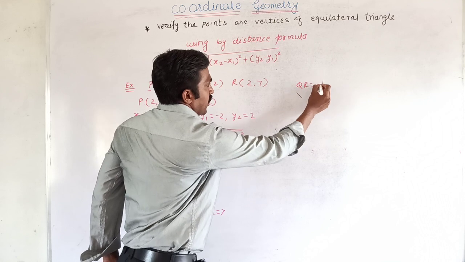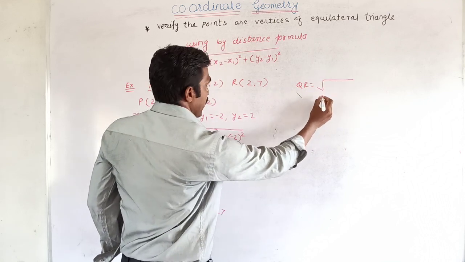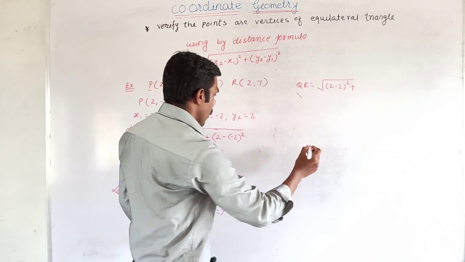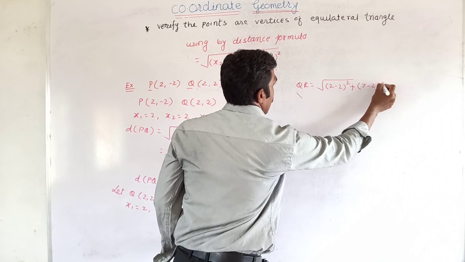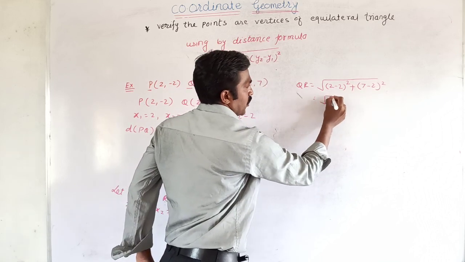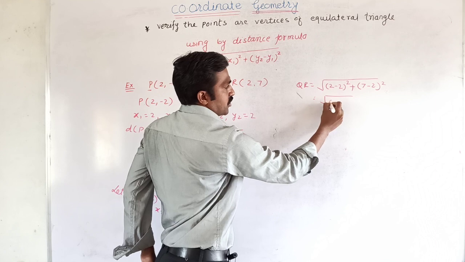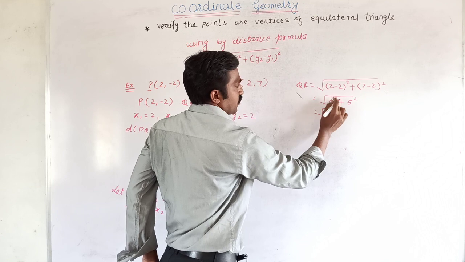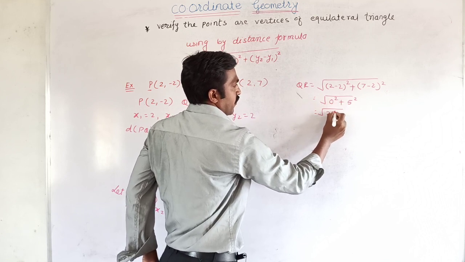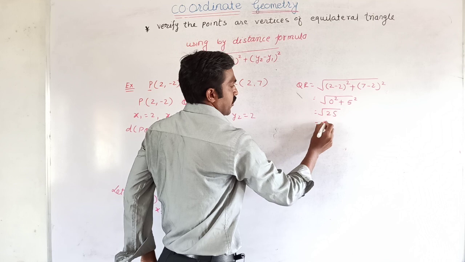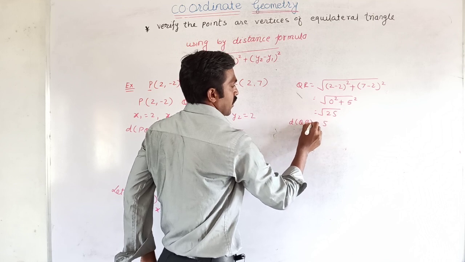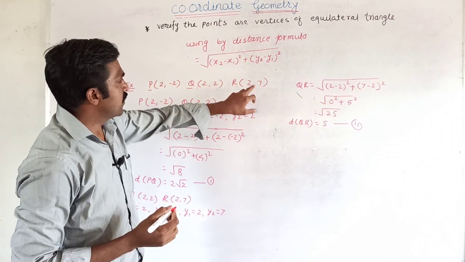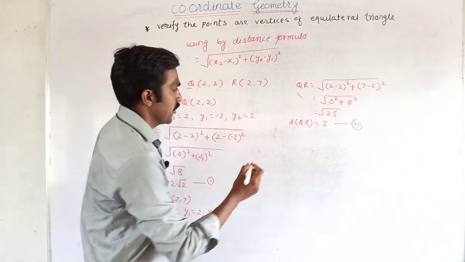QR is equal to square root of (2 minus 2) whole square plus (7 minus 2) whole square is equal to square root of 0 square plus 5 square. Now calculate: 0 plus 25. You can write in this way, distance of QR is equal to 5.